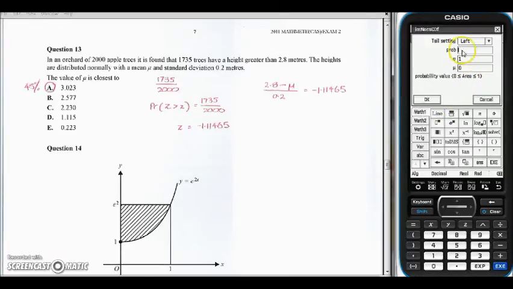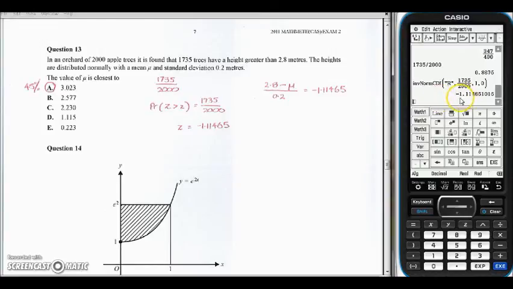Our tail setting is going to be right, and the probability is going to be 1735 divided by 2000. The mean and standard deviation I'll leave as is, so that gives me negative 1.11465, and I'm going to plug that into the z-score formula.